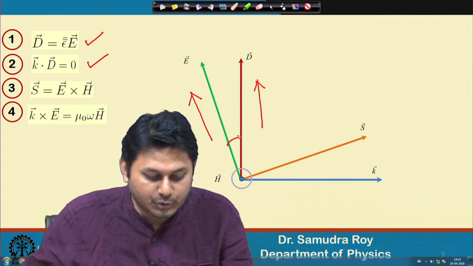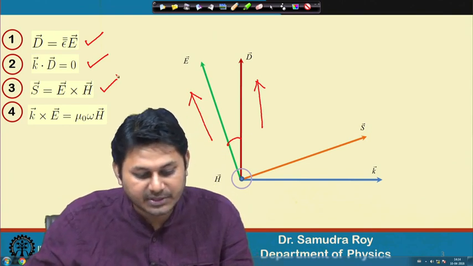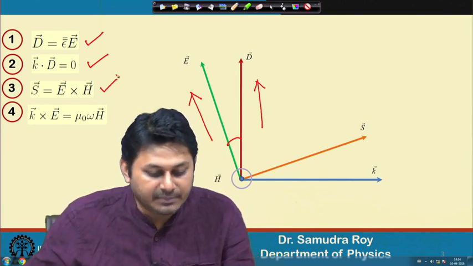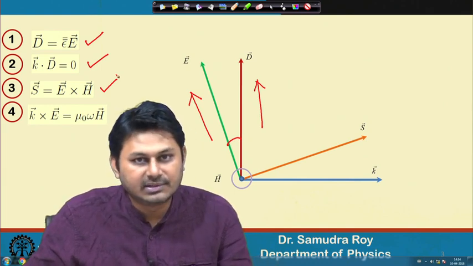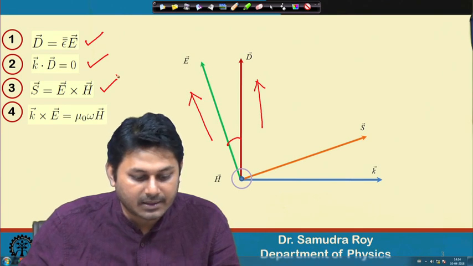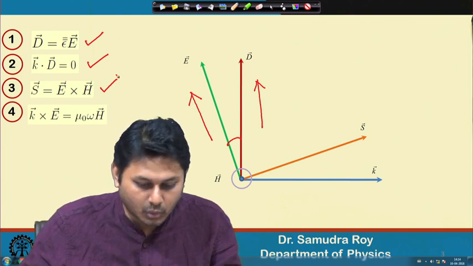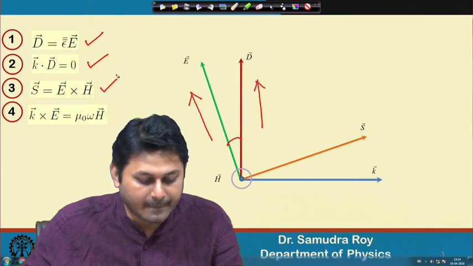Then S is the usual E cross H. All these expressions are derived in an anisotropic system. The E and D relation is the most important one, which is not linear here. I mean, not linear means they are not collinear, they are not parallel, which is the main important thing here.